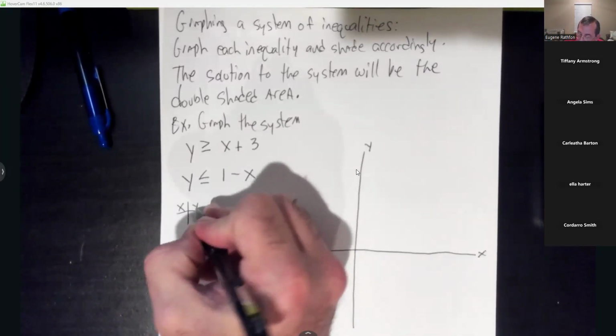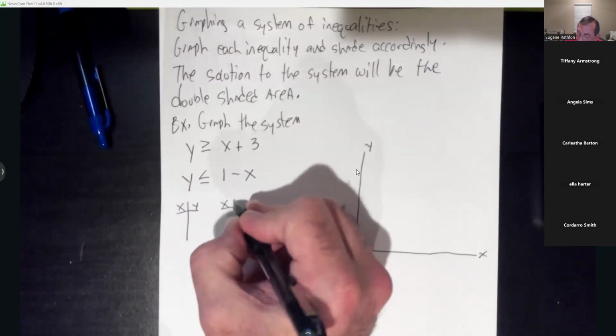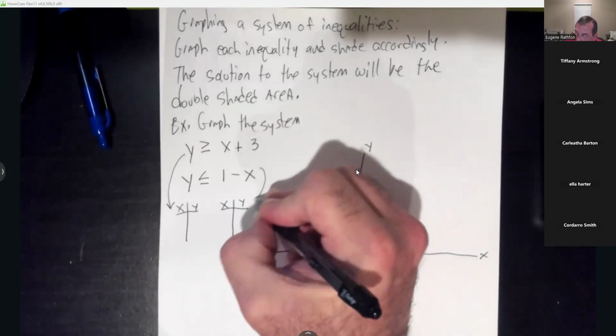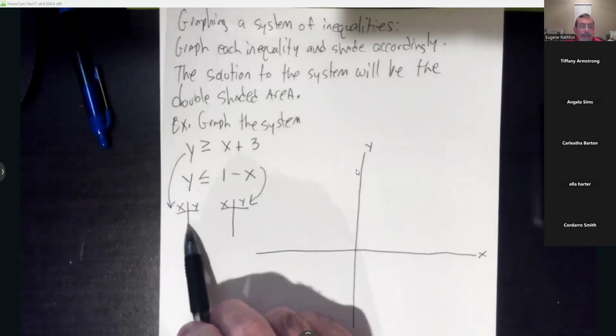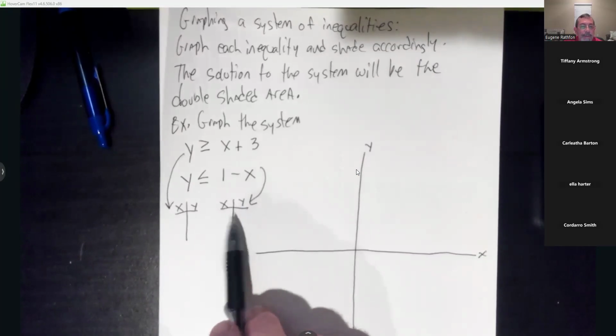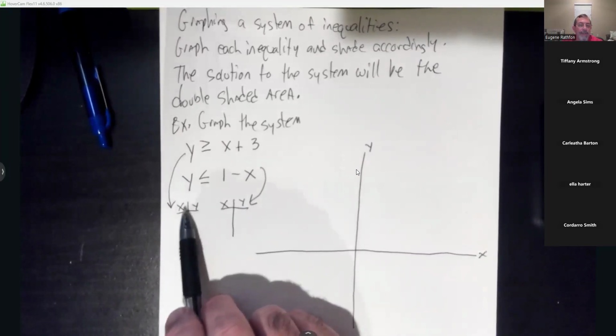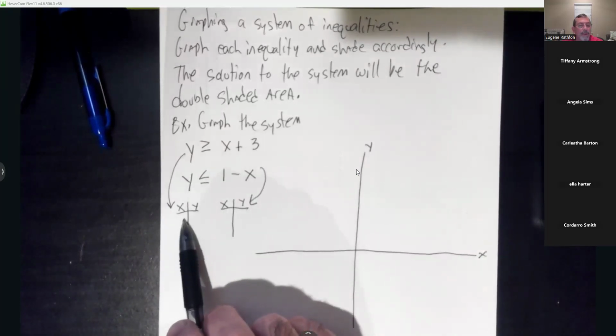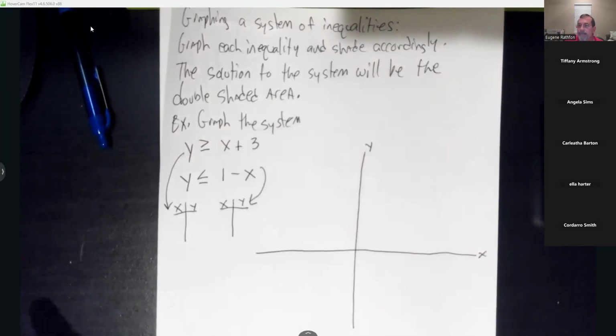So to graph each line, I'm going to come up with a table for each one. The top equation, I'll make a table here for it, and then my bottom equation for this table here. So y'all, here's my first equation, y greater than or equal to x plus 3. Give me two x values for that.